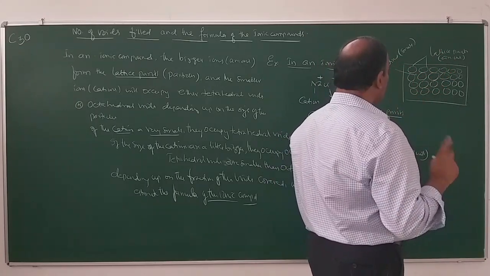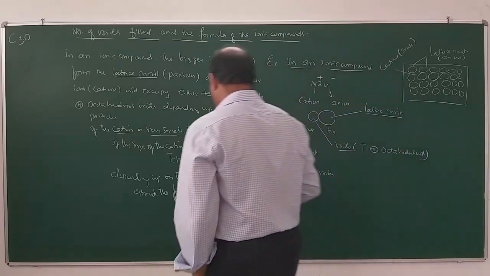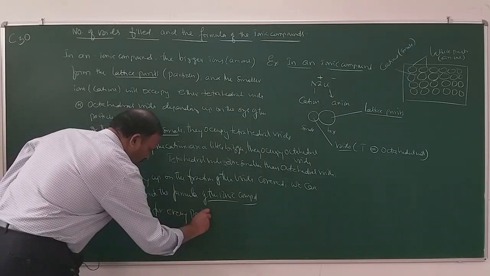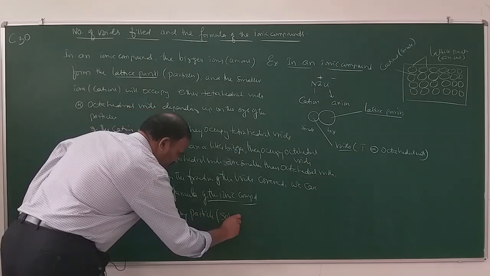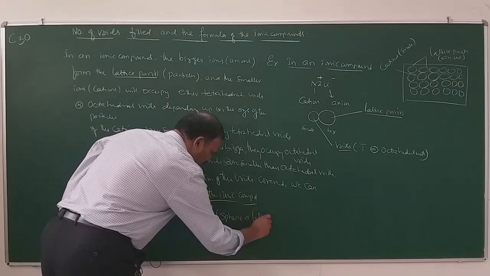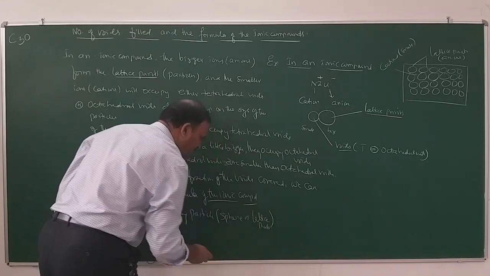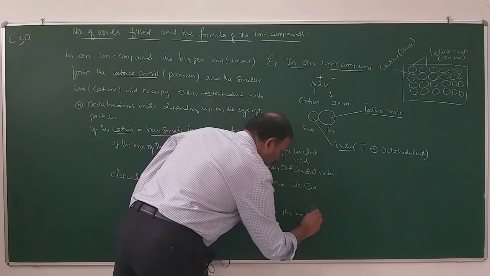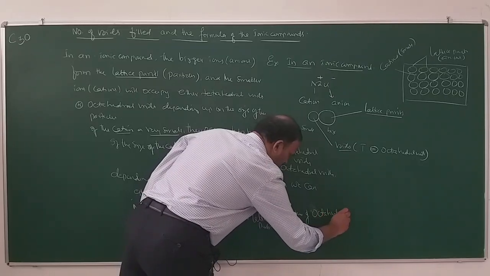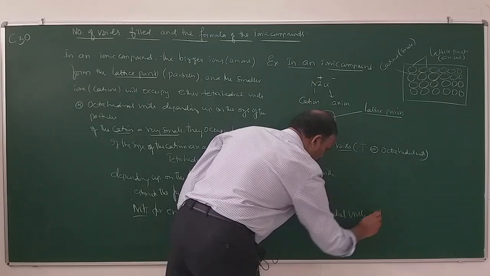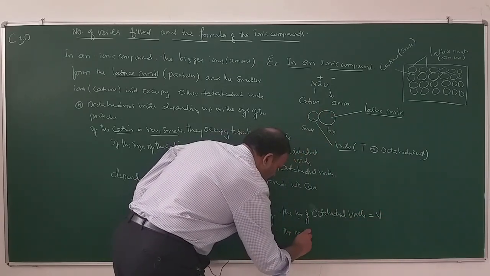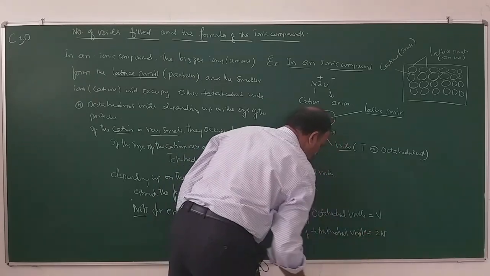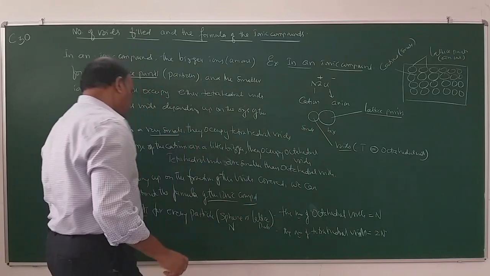So for every lattice point, sphere or particle, the number of octahedral voids is equal to n, and the number of tetrahedral voids is equal to 2n, where n is the number of the particles.